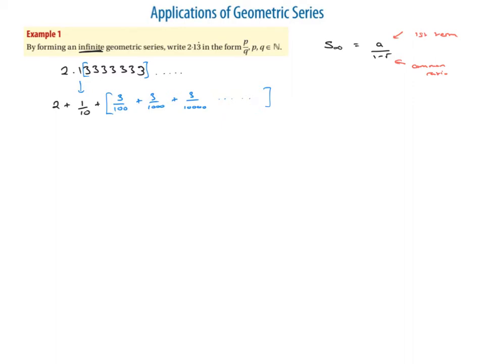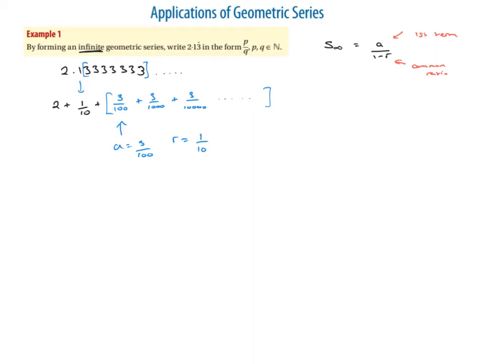Okay, so what we're going to do next is we've got to set up a geometric sequence and find our a, or our first term, which is here, and our r. How do we get from this to this? So this here is my a, so a is equal to 3/100, and my r, in order to get from here to here, I'm multiplying by 1/10.